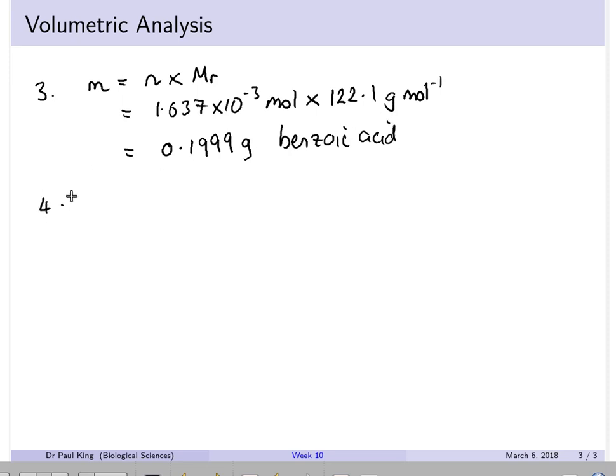Okay, that's the mass of benzoic acid that was extracted from the original sample of effluent.